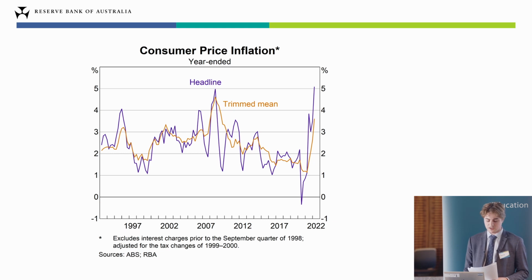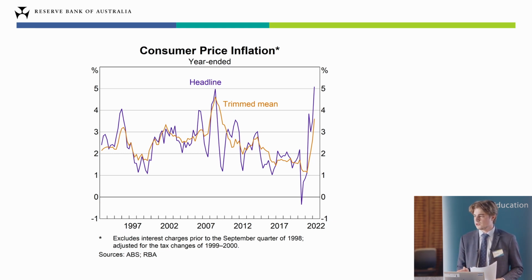Trim mean inflation is one good measure of that big picture. So headline inflation, as I said before, was 5.1% over the year in the latest data, but two components made a very outsized contribution to that. That was new dwelling inflation that I talked about just before, but fuel prices have also increased a lot and made a large contribution to inflation over the year.